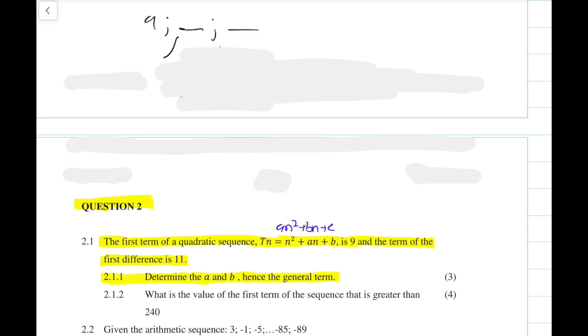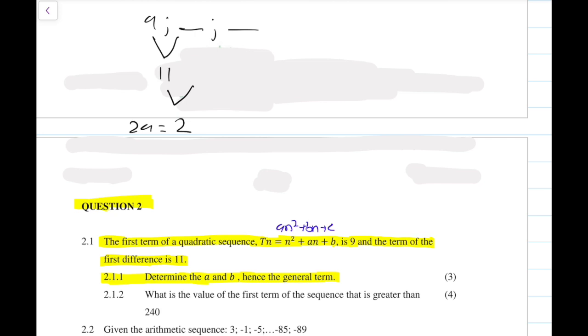And then the first difference row has a first difference of 11 essentially. So what we know so far, guys, is that, remember, we know that the a value here is 1, right? The value in front of n squared is 1. Now the only way it could have been 1 is if it was 2a equal to 2, right? That's the only way that you could have got the a value there to be 1.